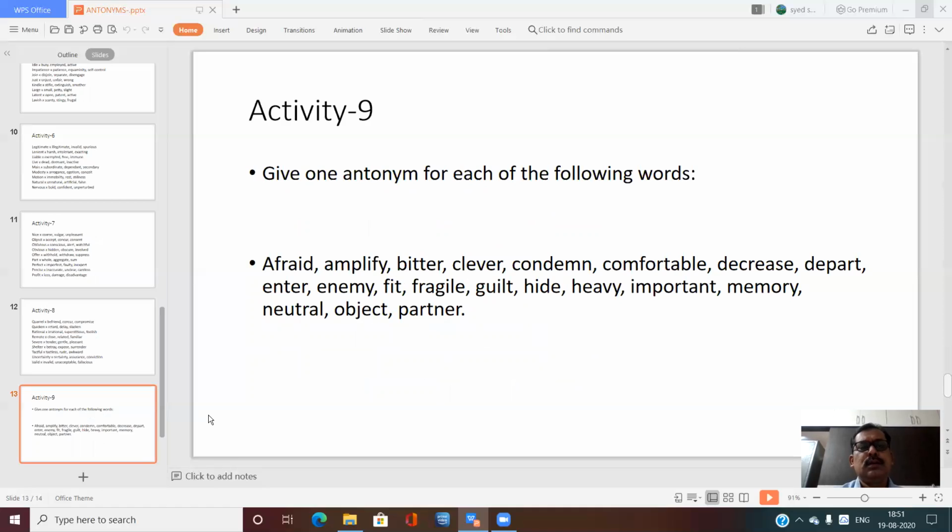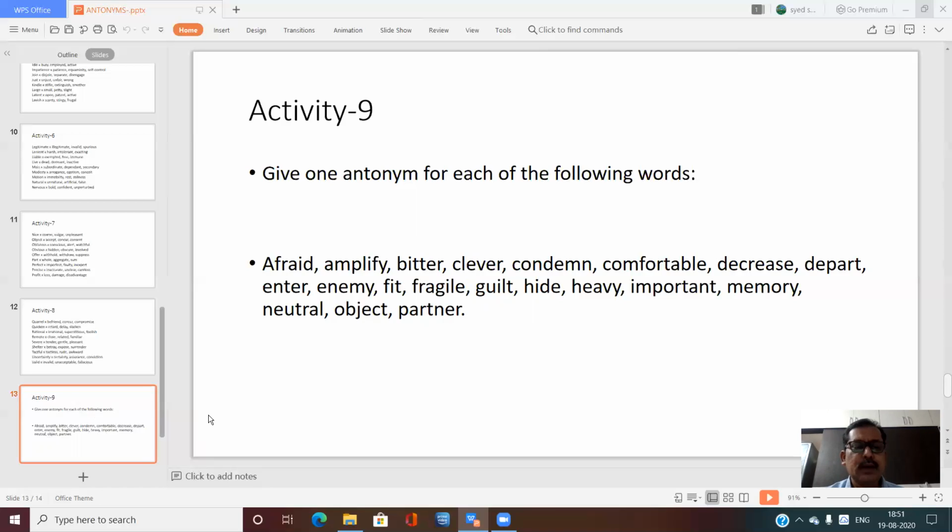So here, one small task. Give one antonym for each of the following words.